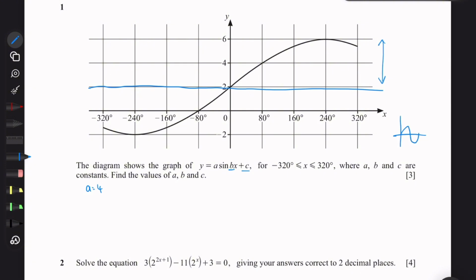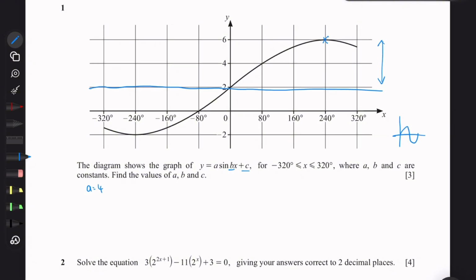We can see that a quarter of the complete graph is within 240, because this point is the maximum, so we can write this ratio. 1/4 equals 240 degrees, and we want 360 degrees, so it would be 3/8. Therefore b equals 3/8.